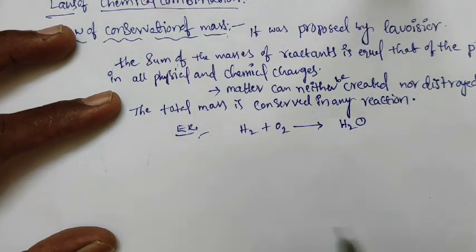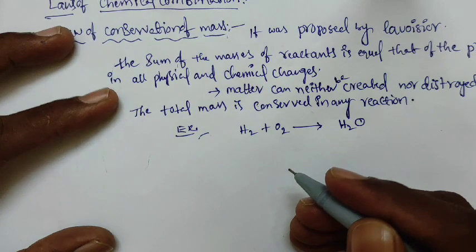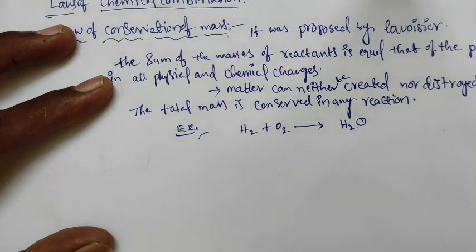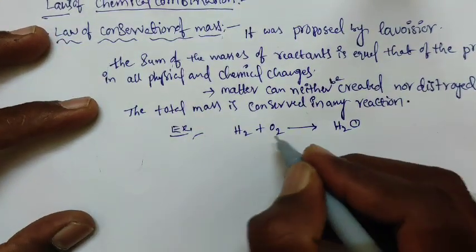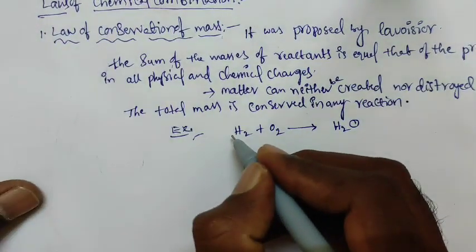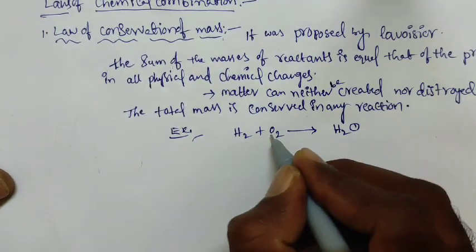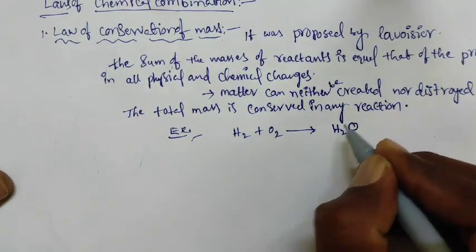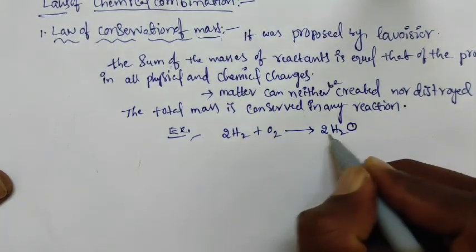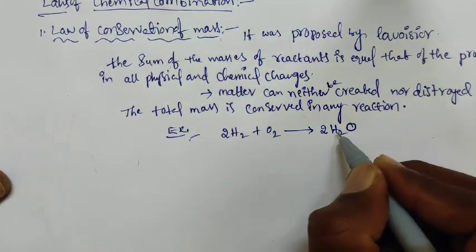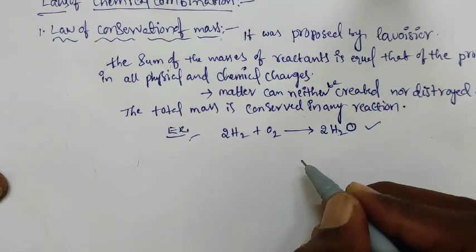This is the equation. In this equation, we should balance it. Oxygen 2 is there on one side, only one oxygen on the other, so I am writing 2 here. 2 2 are 4, 2 oxygens. It is a balanced equation.